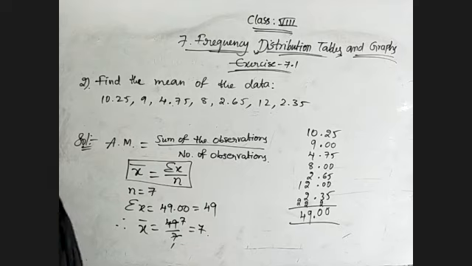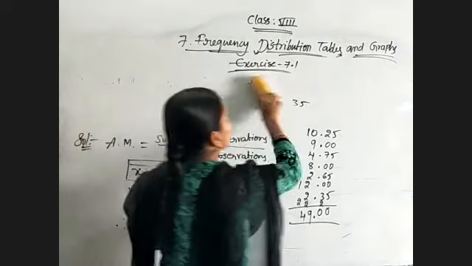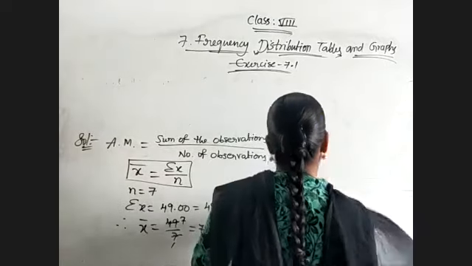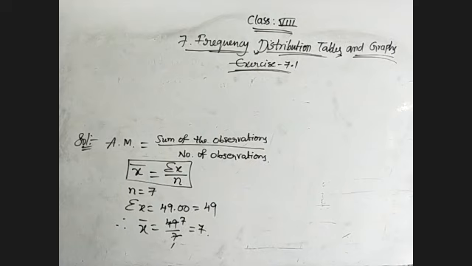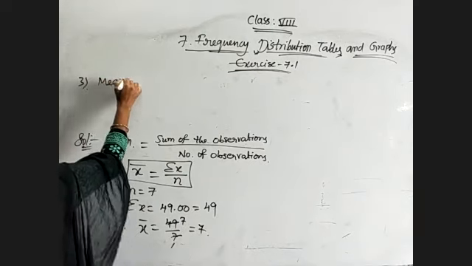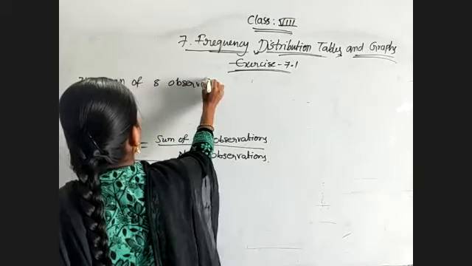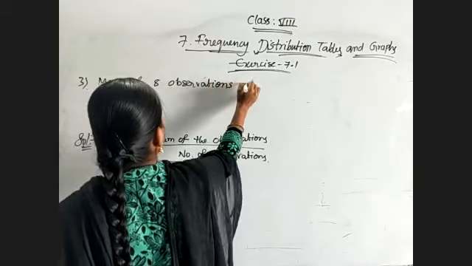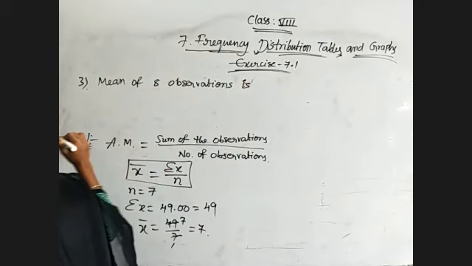Now coming to the third problem. Mean of 8 observations is 25.